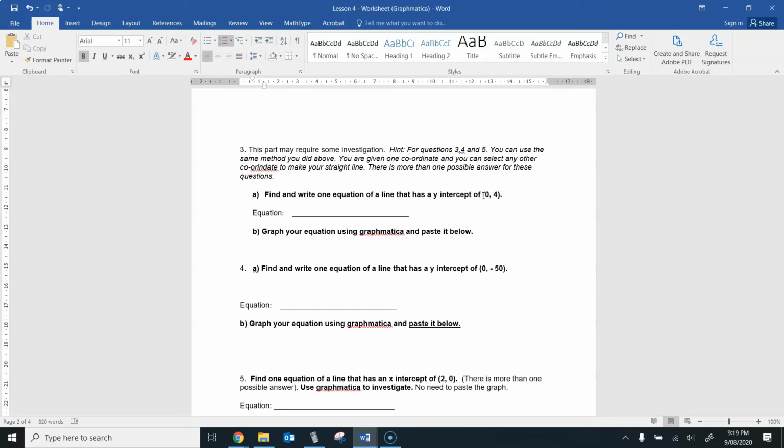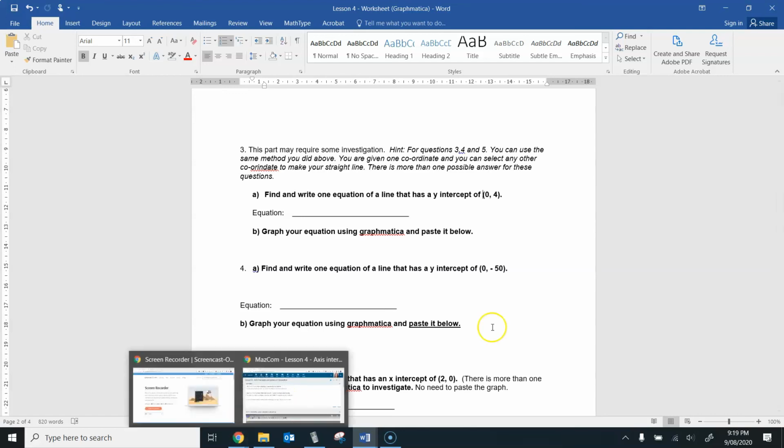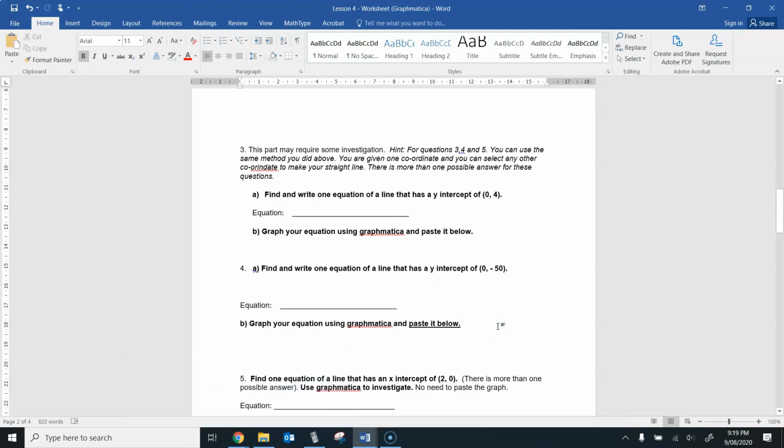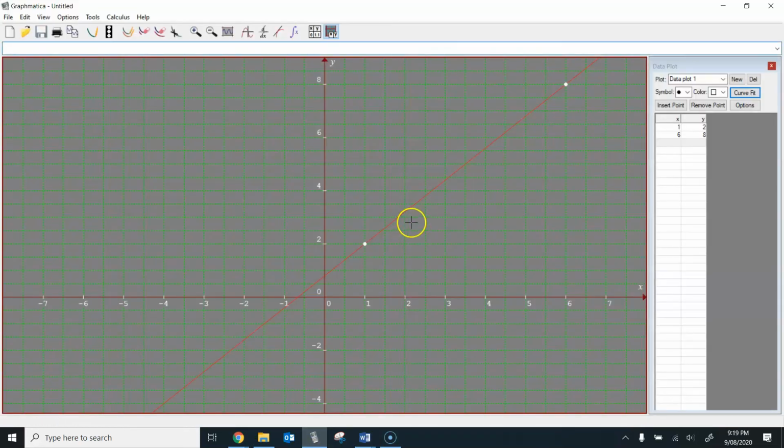Your equation will be very different to someone else in your class. So I'll show you an example with 3A: find and write one equation of a line that has a y-intercept of 0.4. You may be able to do this without Graphmatica, but I want you to try and do it with Graphmatica. Try and find an interesting equation.